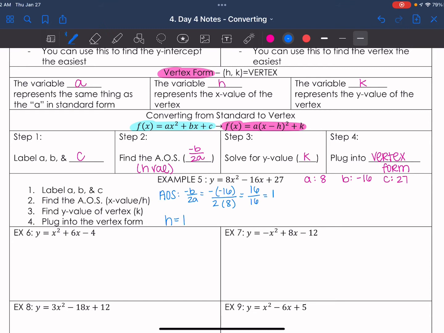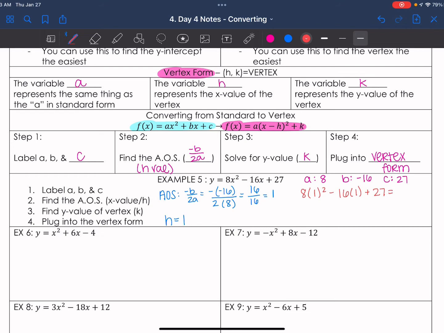Now for step 3, to find my k value, I'm going to take my original problem and plug my x value of the vertex, or my h value, back into my problem. So 8 times 1 squared minus 16 times 1 plus 27.